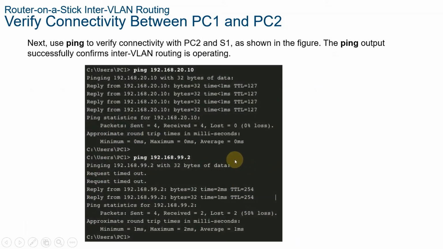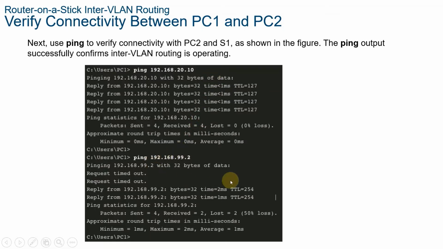Next, we use the ping command to verify connectivity with PC1 and switch 1, as shown in the figure here. The ping output successfully confirms that inter-VLAN routing is operating.